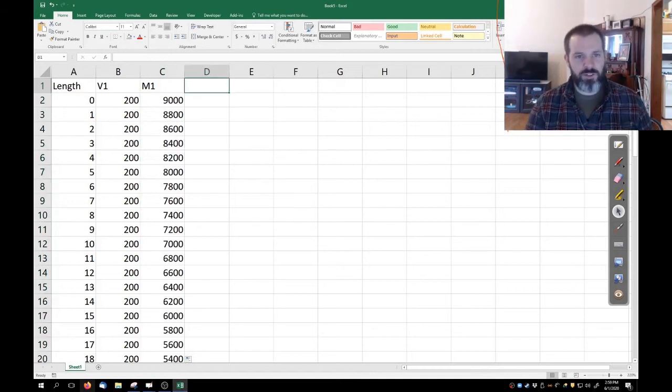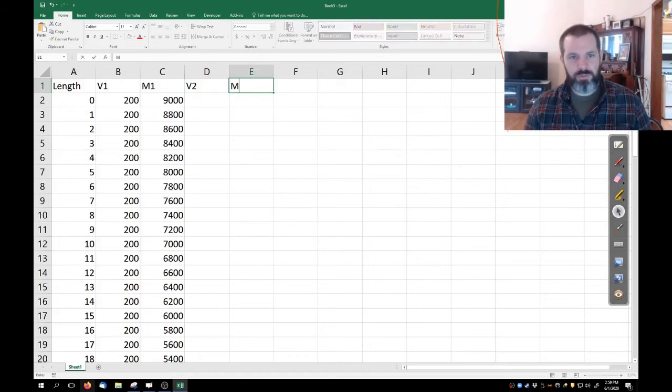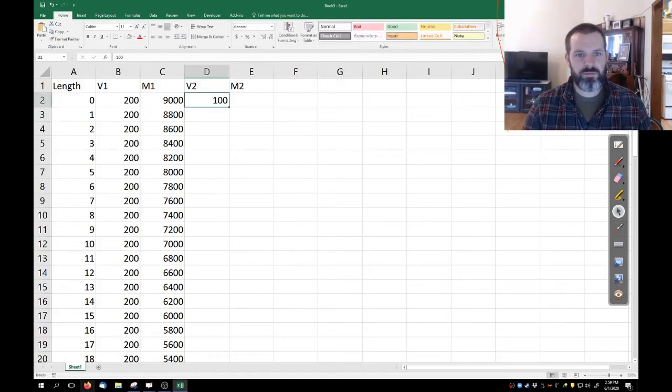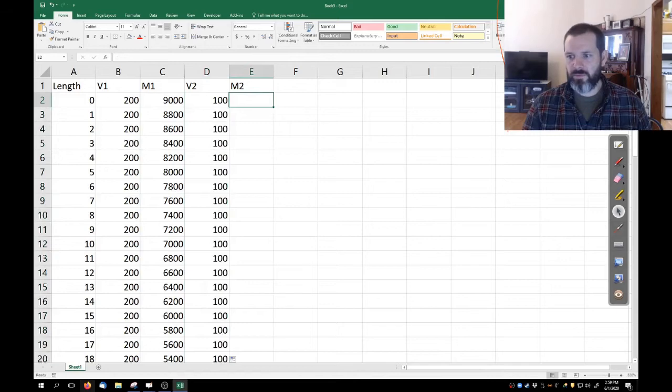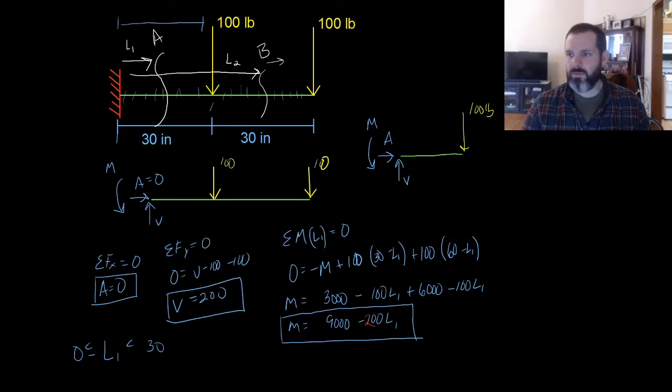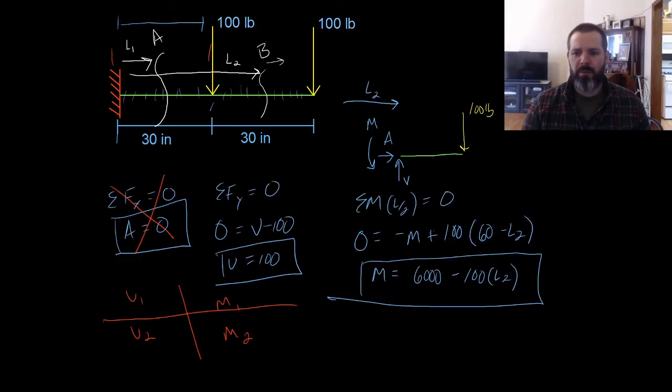Then I'm going to make V2 and M2. V2, I remember, was 100. M2 is 6,000 minus 100L.